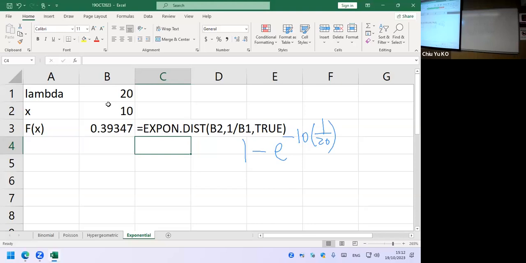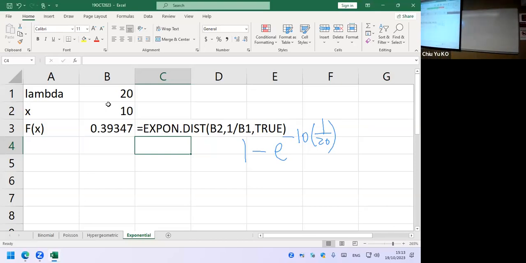Is that okay? Yeah, I think it's already implied. But the only thing you have to be careful about is the lambda has to be 1 over. The way I do it, the lambda, is because I try to be consistent with the exponential, but they use the 1 over. Okay, is that clear?